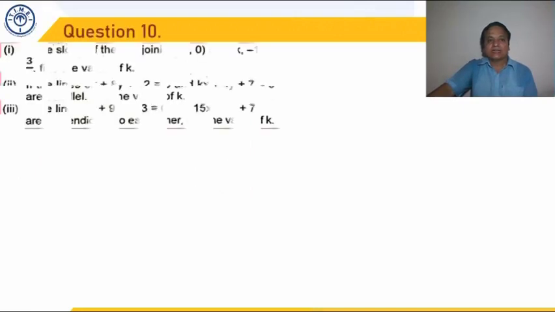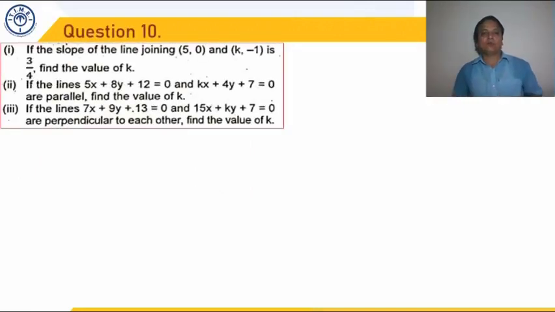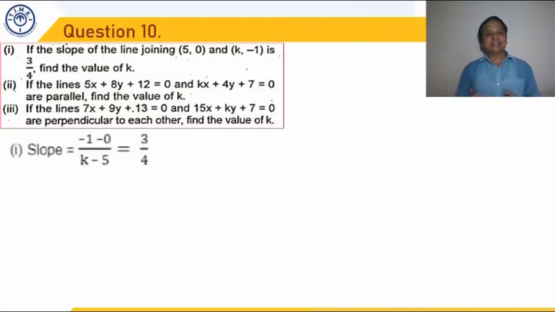Now question number 10 of the handout. If the slope of the line joining (5, 0) and (k, minus 1) is 3 by 4, first part, find the value of k. Slope is change in y coordinate upon change in x coordinate: minus 1 minus 0 upon k minus 5. Now this is given as 3 by 4. So k minus 5 is equal to minus 4 by 3.